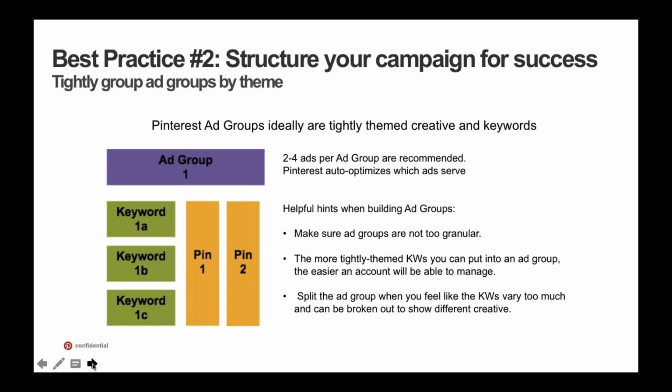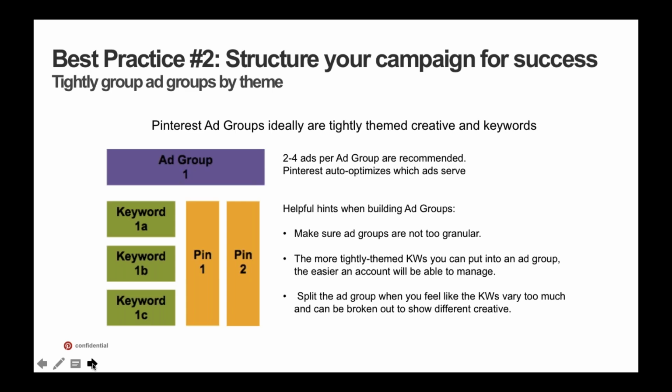And this means that some of your pins may not get any impressions. And that's not an indication of a poor pin necessarily. It just means there were a lot of pins and our system auto-optimized really quickly. So we recommend keeping the number of pins low, but definitely 2 to start with.